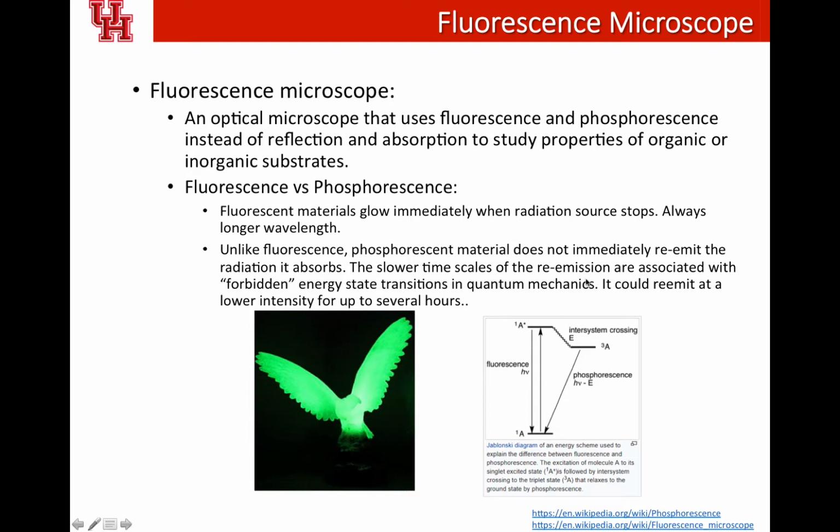In the Jablonski diagram, when light excites a molecule and it transitions to the triplet state by intersystem crossing, it will re-emit light at a much slower speed. That's called phosphorescence. It can glow for up to several hours.